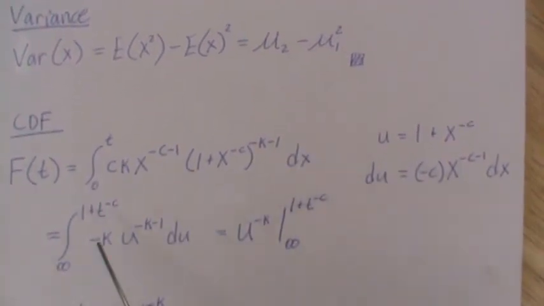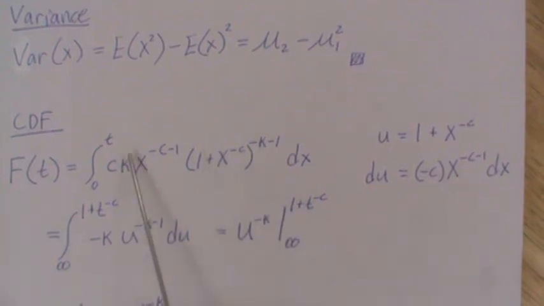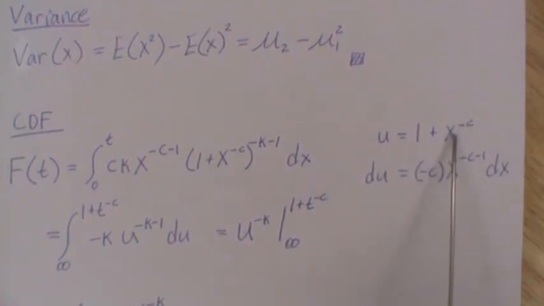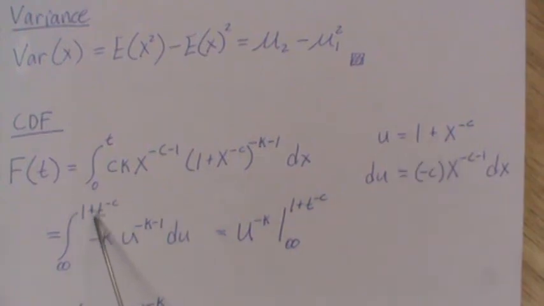The CDF is the cumulative distribution function. We integrate from 0 to some value t. We call that f of t. And this is our density, the inverse Burr distribution. So if we let u equal 1 plus x to the minus c, then du is equal to this. Now notice when we plug in t, we get this, 1 plus t raised to the minus c. When we plug in 0, this blows up to infinity.